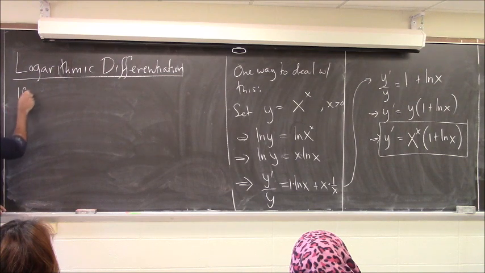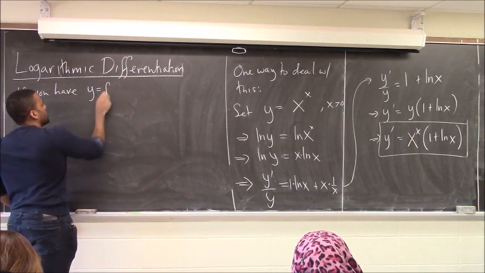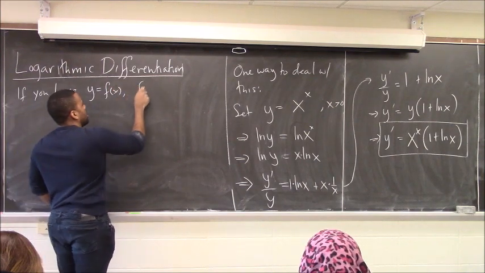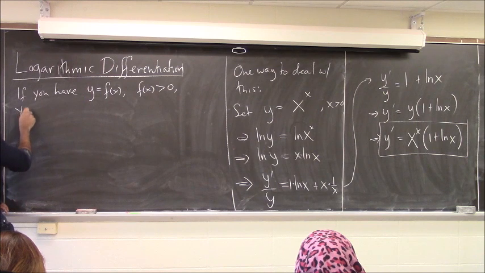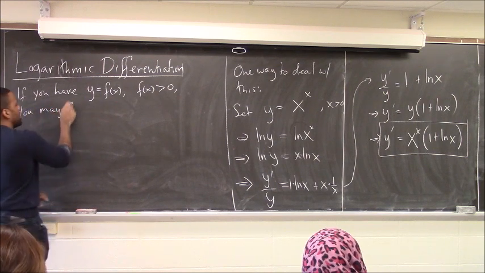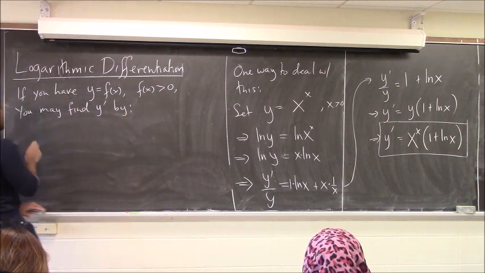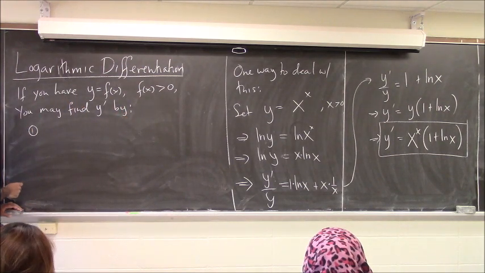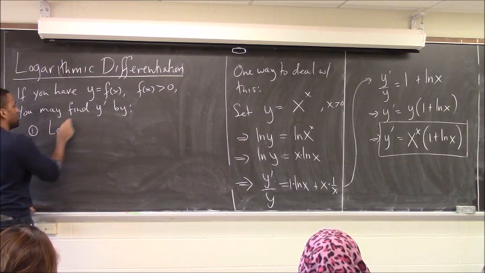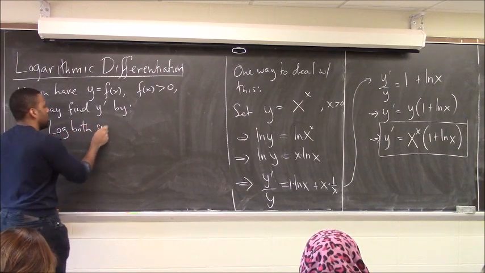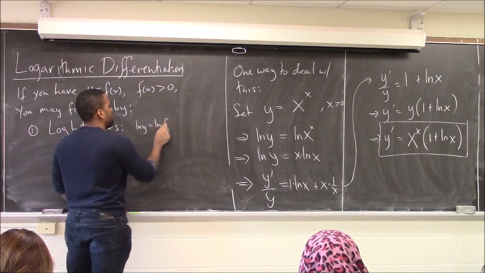So if you have y equals f of x, where f of x is greater than 0, you may find y prime by going through this process. 1. Log both sides, right? That would give you ln of y equals ln of f of x.